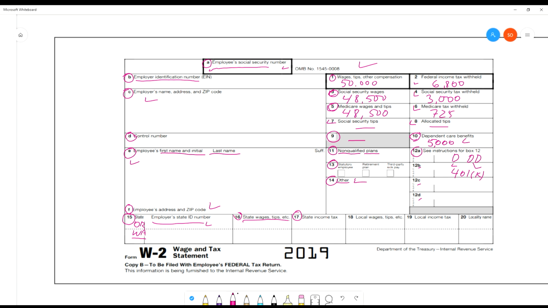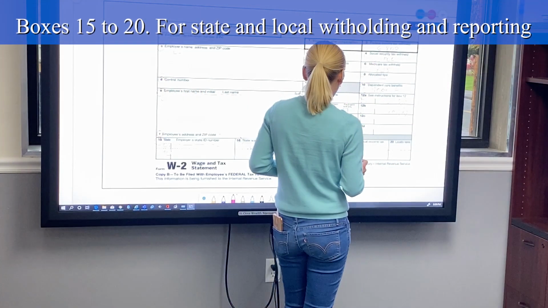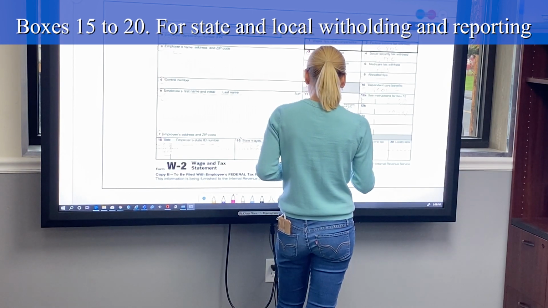Say we'll have state wages here the same as in box 1. And box number 18. If you're subject to local, city, and other state income taxes, those will be reported in this box 18.